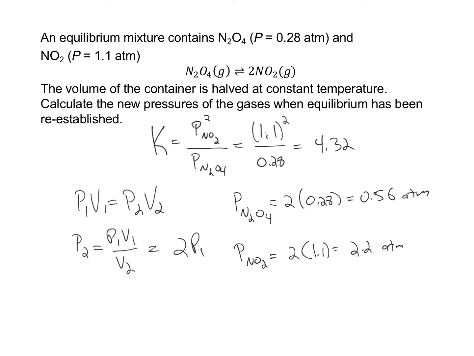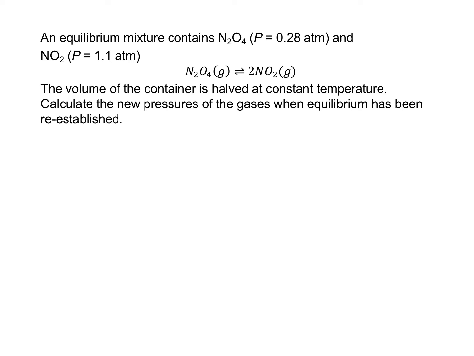All right, and so we have a little bit more room. Let's go ahead and set up the ICE table on the next slide now that we know what our initial pressures are going to be. All right, so let's go ahead and build our ICE table now that we know our initial partial pressures.